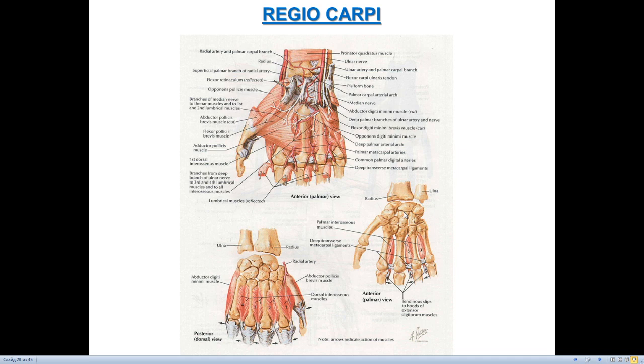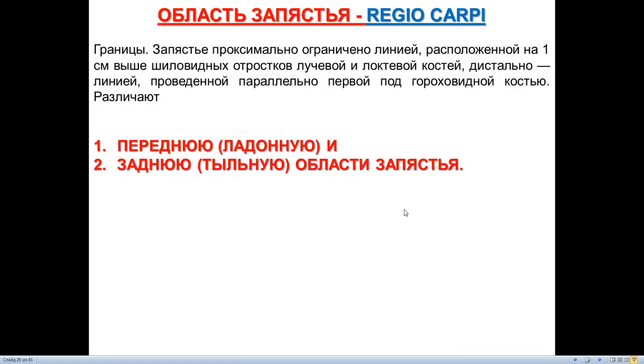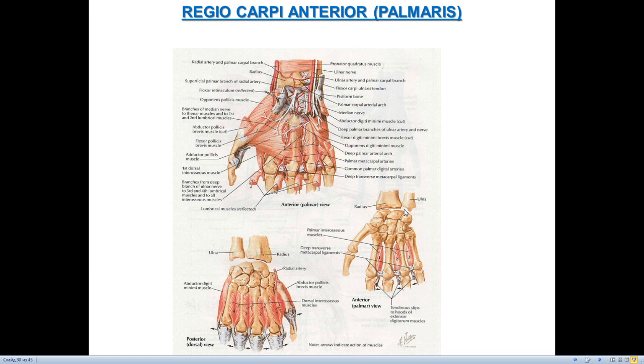In the carpus region we can distinguish anterior and posterior region. Anterior region or regio carpi palmaris is formed by three grooves: superior, middle, and inferior.